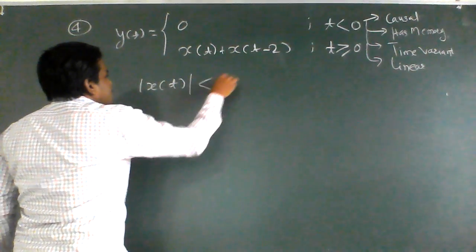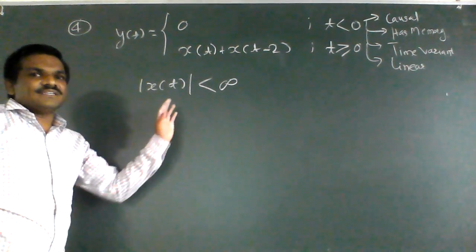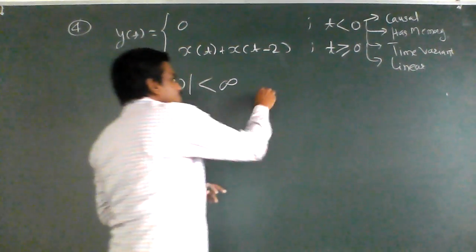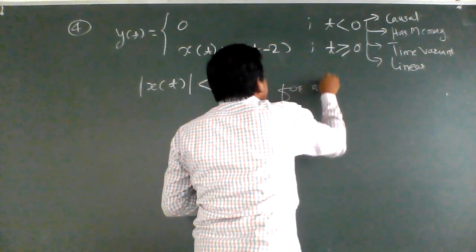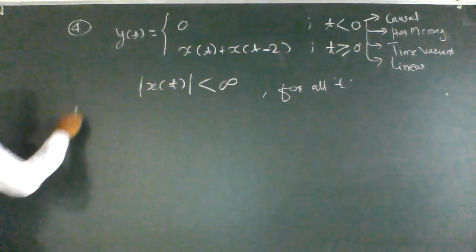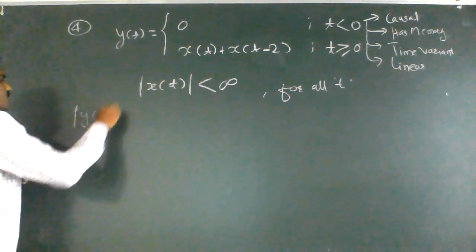So let us consider magnitude of x of t is less than infinity, or you can say magnitude of x of t is bounded for all t. For all t, what is magnitude of y of t?